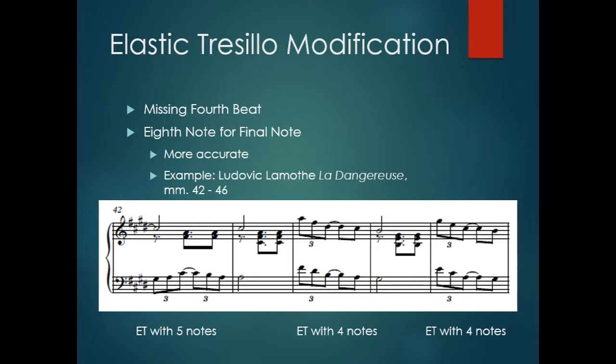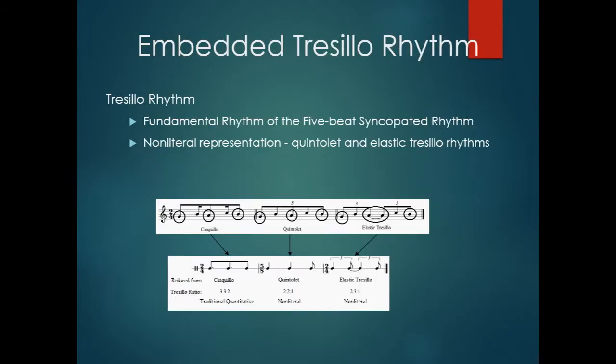With these rhythms of the 5-beat syncopated rhythm, they all have the tercio rhythm embedded within them. And you'll see in the figure that if we derive the tercio rhythm from each notation, the cinquillo, the cantillet, and elastic tercio, we'll see that we have different ratios of the tercio rhythm.